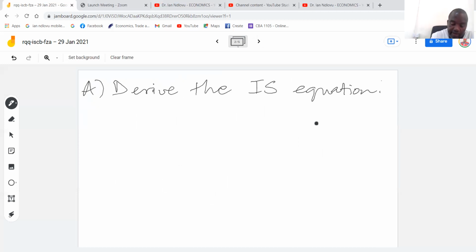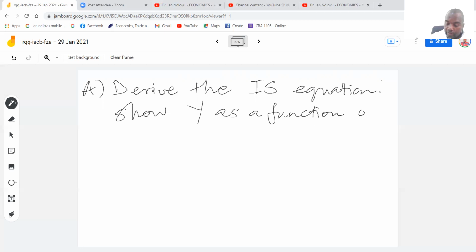The hint: we must show Y as a function of R alone, where our capital letter R is the interest rate.